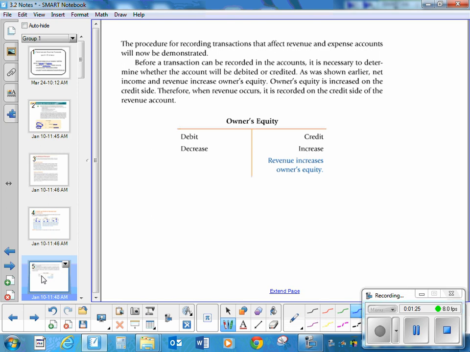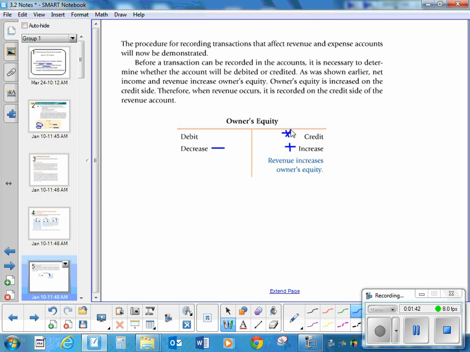Basically, revenue and expenses fall underneath the umbrella of owner's equity. Owner's equity has a normal credit balance. Any increase is going to go on the credit side. Any decrease is going to go on the debit side.